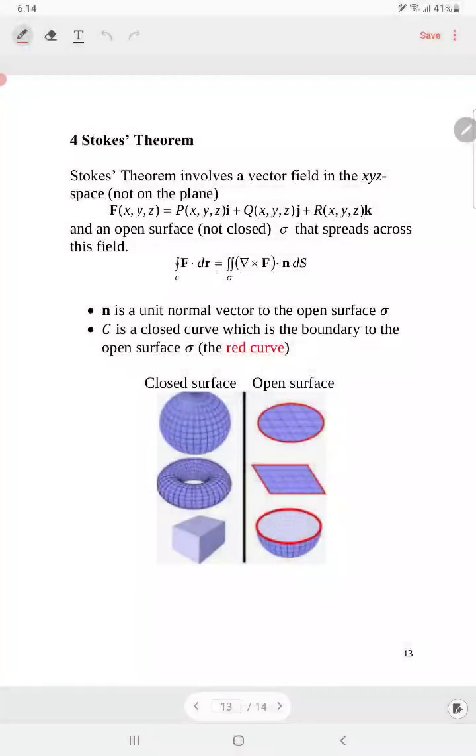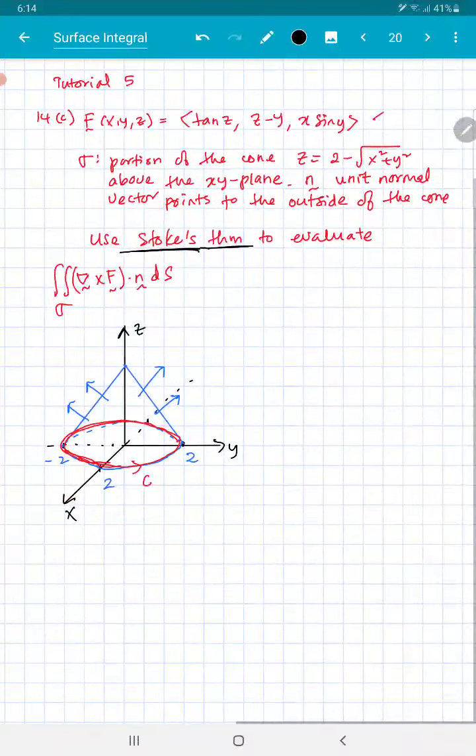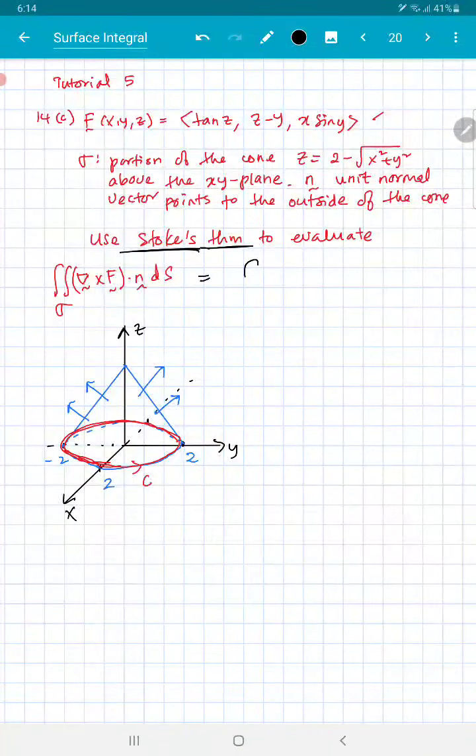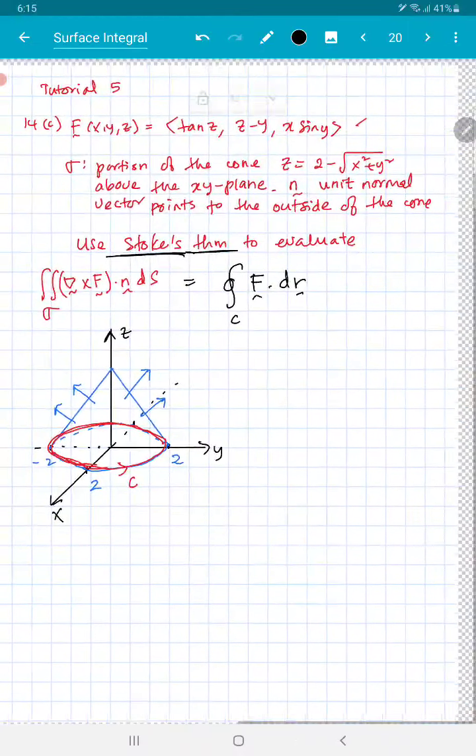It says the integral of del cross F dot unit normal vector n over surface sigma is equal to this line integral. So if we want to evaluate this by using Stokes' theorem, we have to evaluate the line integral of F dot dr over closed curve C. We're not evaluating the surface integral, but the line integral. So it's back to the previous chapter.